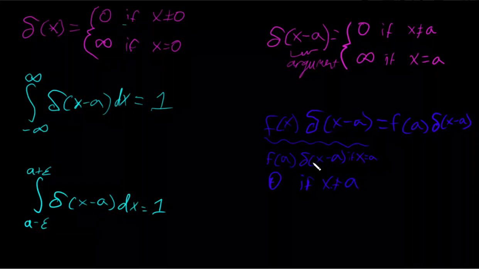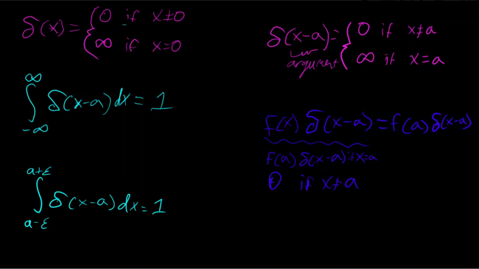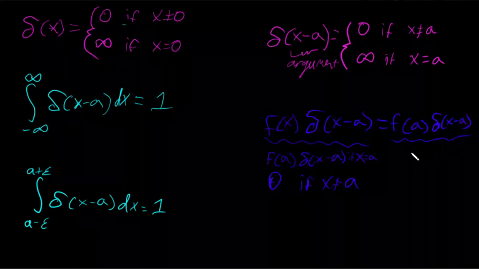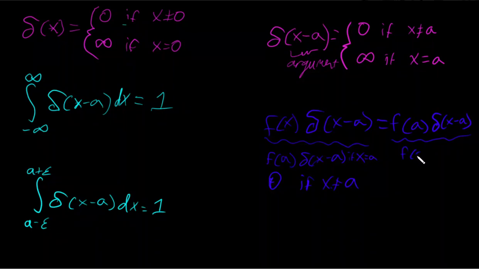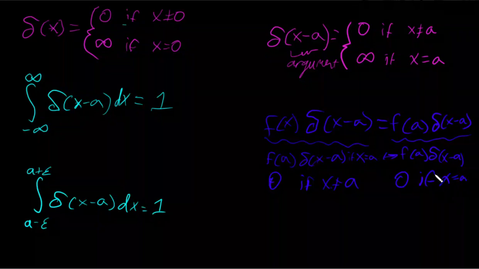I know this is a tricky way of writing this, but if we look at this side, it's also f of a delta of x minus a when x equals a, and it's 0 if x does not equal a.